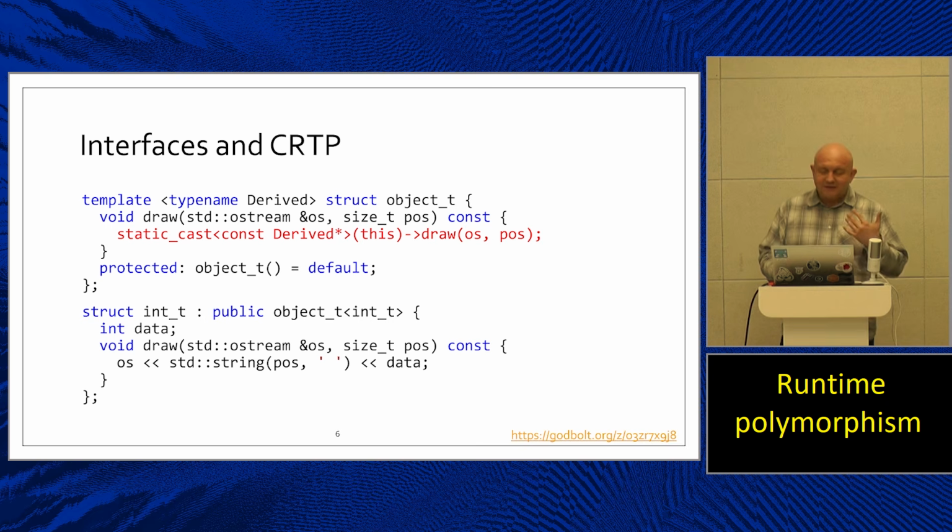But if I still allocate int t dynamically and store it in a pointer to object t of int of t, then the delete through this pointer is not necessarily fine. So although we remove virtual dispatch, ownership semantics still matter, and CRTP removes runtime dispatch, but it doesn't magically solve lifetime issues.